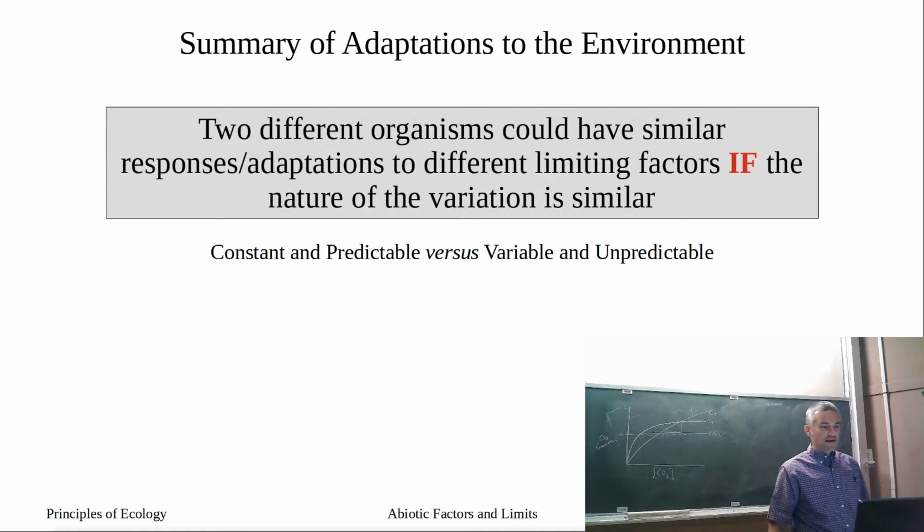This is the take-home point here. We see similar responses, we see similar adaptations. Some of these evolved multiple times, and they evolved in response to different factors, but the nature of that variation was usually similar.